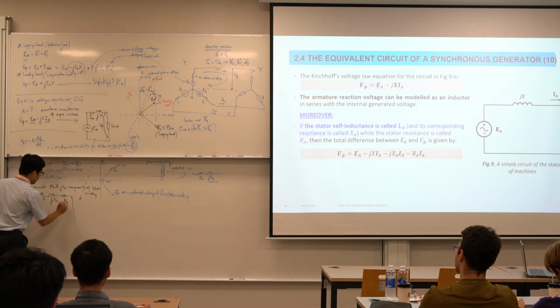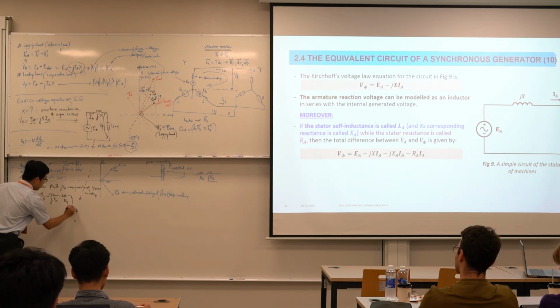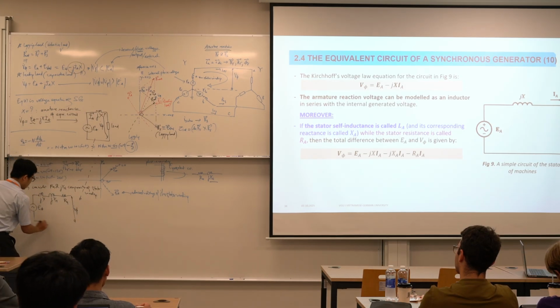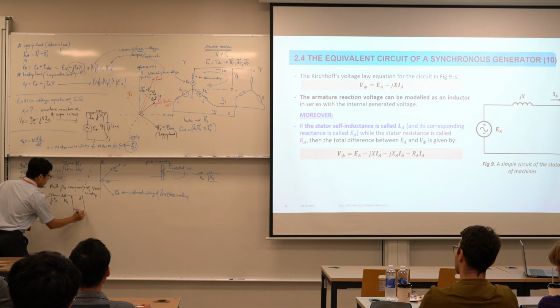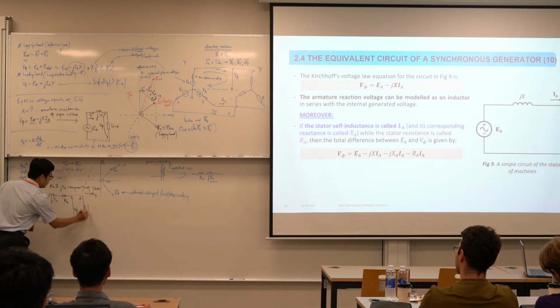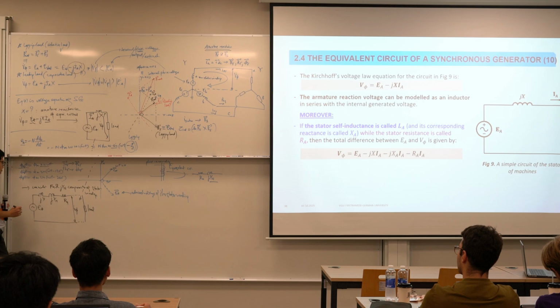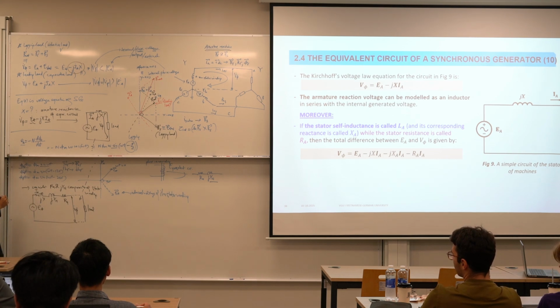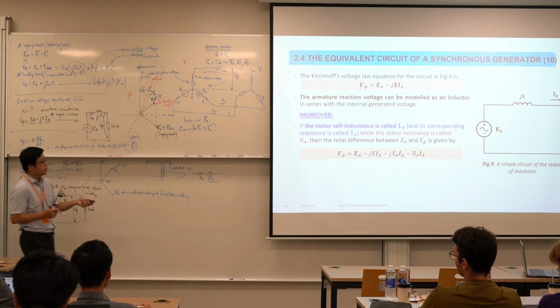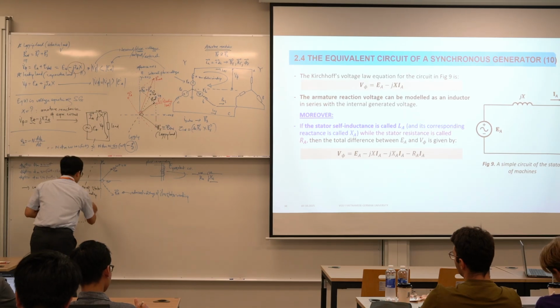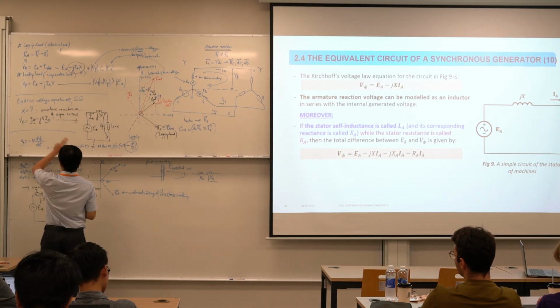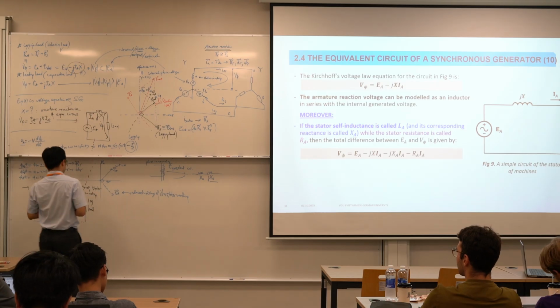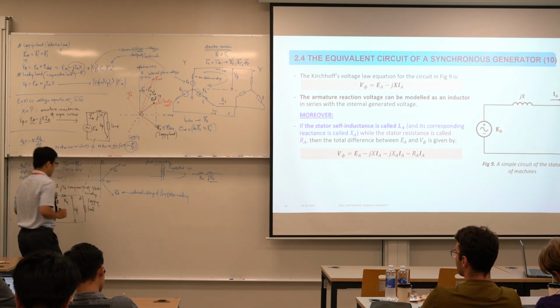And here this is the phase voltage. And this is IA with a dot. Remember this one for the lagging dot. We mentioned before, we firstly assumed we have the lagging dot.